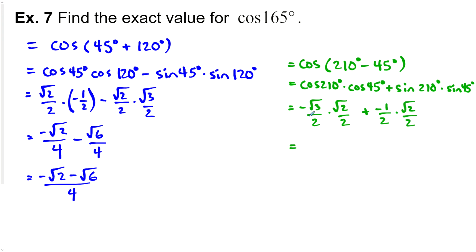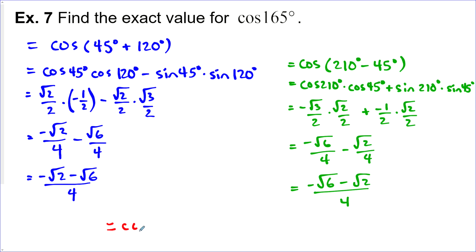Put these together, we get negative root 6 over 4 and minus root 2 over 4, and that's negative root 6 minus root 2 all over 4, which is in a different order, but it really is the same thing as the first. Now you may have thought, hey, you still didn't get the one I thought of, and that's fine. I won't do this one, but you could have also done 135 degrees plus 30 degrees, and that would have been a great one, and that would have worked as well.